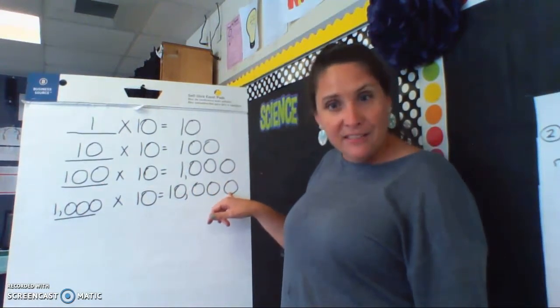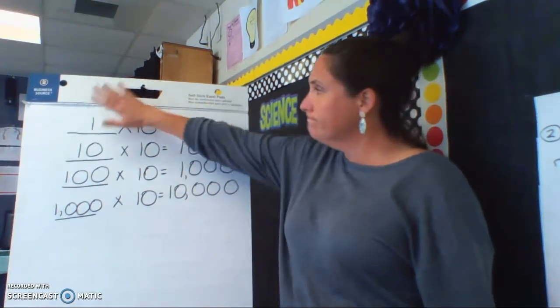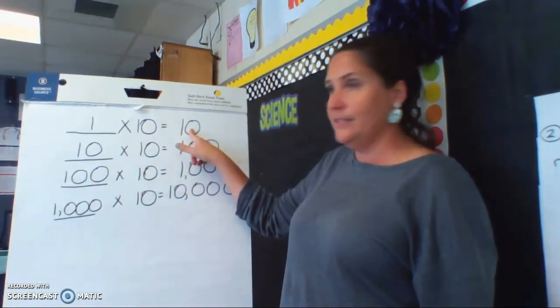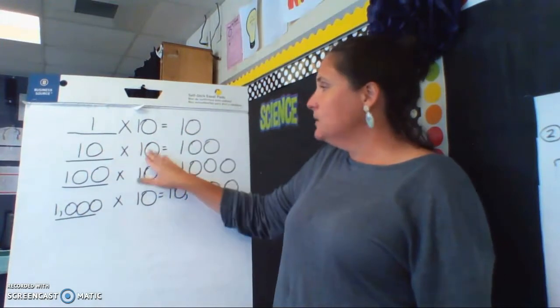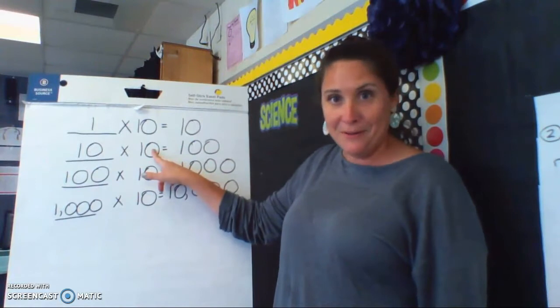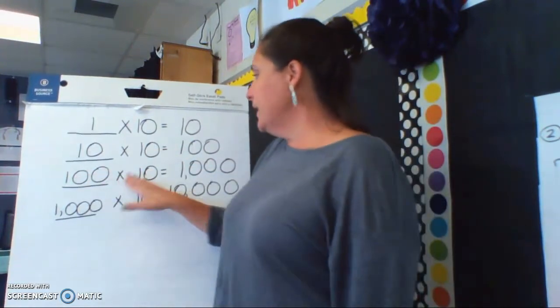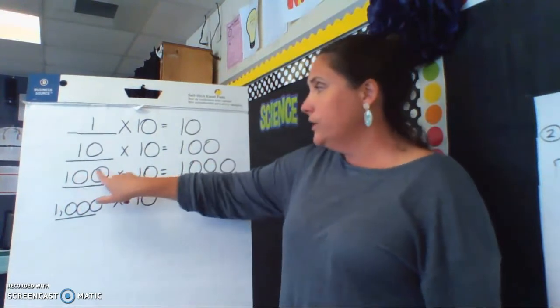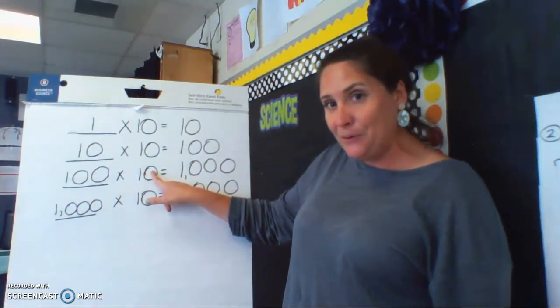Let me look at the left side of that equation. 1 times 10, I have 1 zero, 1 zero. 10 times 10, I have 2 zeros, I have 2 zeros. 100 times 10, I have 1, 2, 3 zeros, 1, 2, 3 zeros.